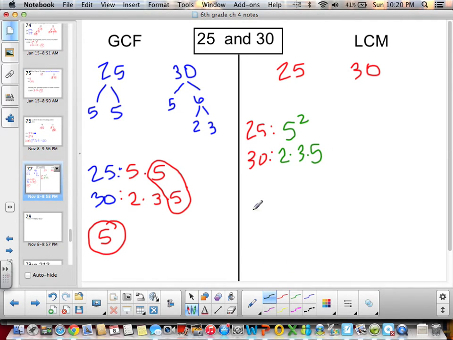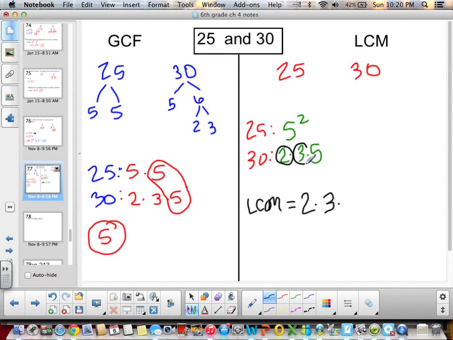Now we're going to use every single number that we see. That's supposed to say LCM. Okay, so we have 1, 2. We don't have any other 2's, so I'm just going to pull this 2 out. Okay? So we can even circle it so we know that we're going to use it. I see 1, 3. We don't see any other 3's, so we're going to use that 3. I see 1, 5, but I also see another 5.